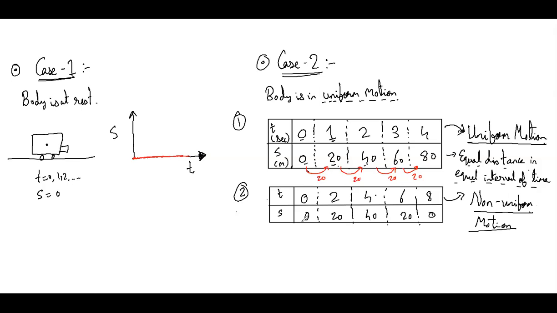So here distance covered is 20, here distance covered is 20, here minus 20, minus 20. So this is an example of non-uniform motion.